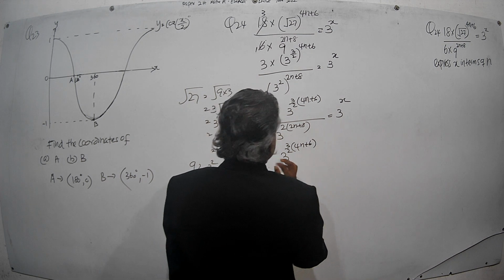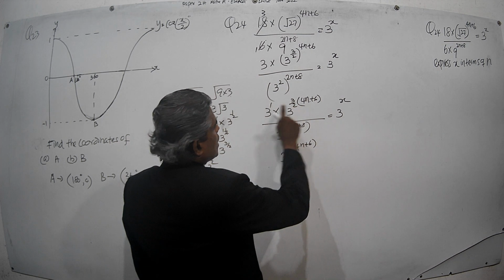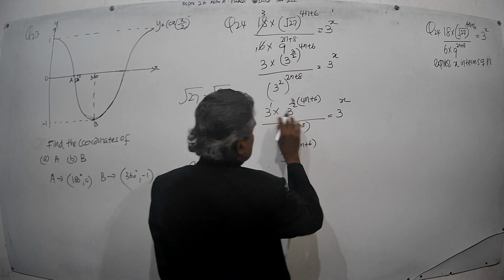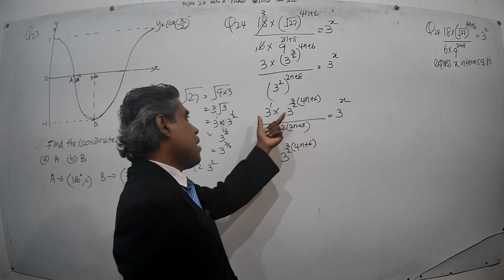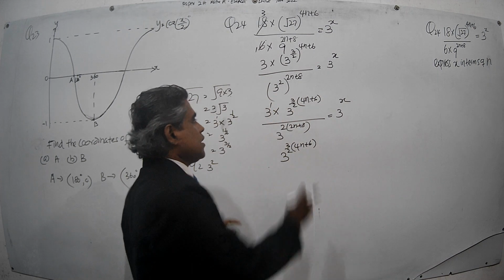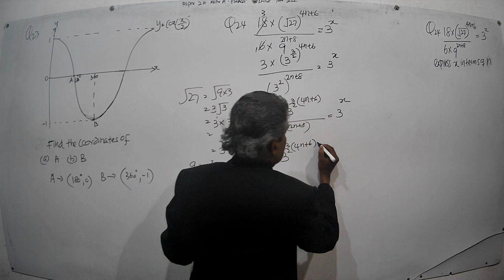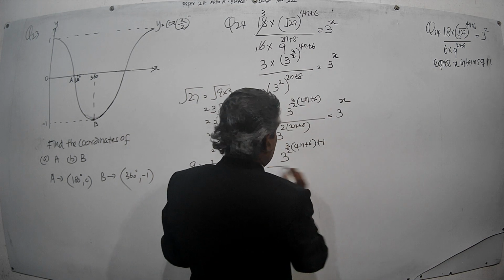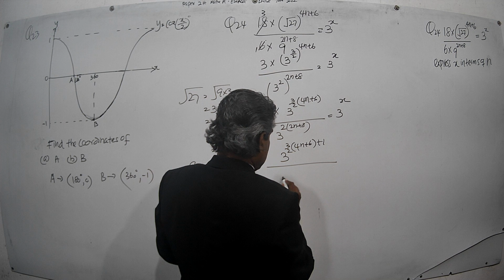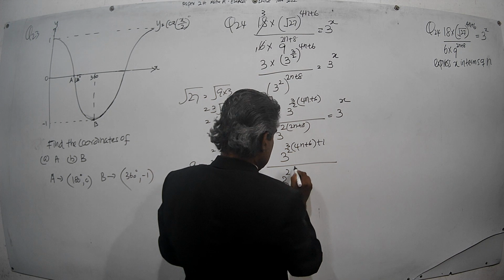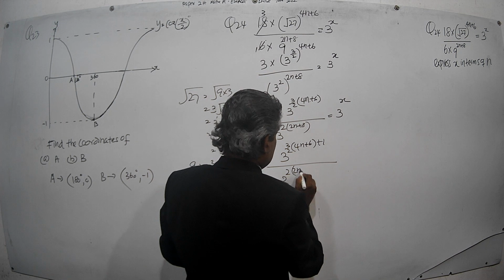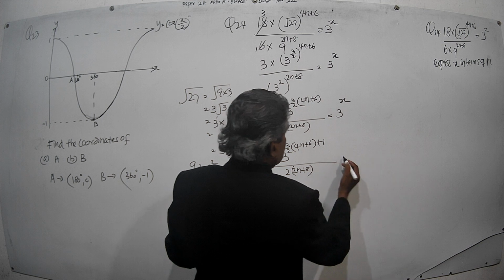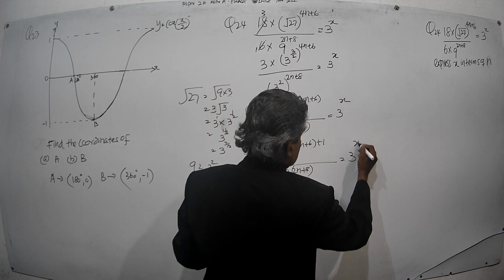Then this power plus this power, because two multiples of the same base are multiplied, then powers are added, then this power plus this one, then plus 1 here. Then over what? 3 to the power 2 times 2n plus 8 equals how much? 3 to the power x.